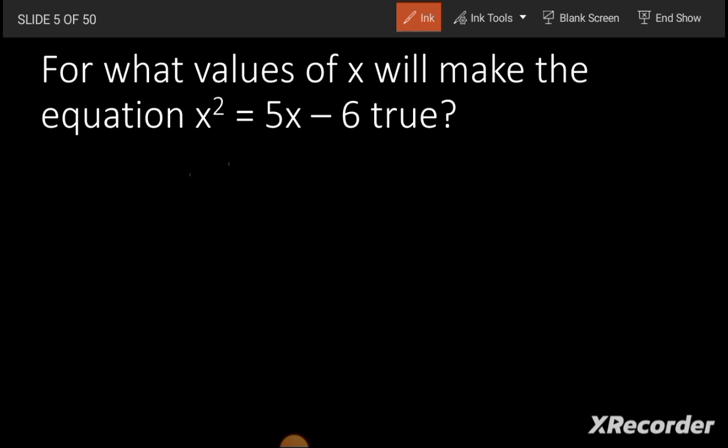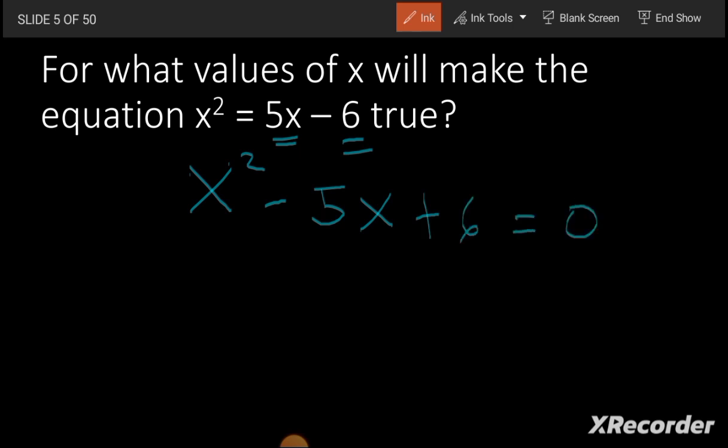So we have x squared. This linear term here, 5x, should be put on the left side now, so we transpose and it becomes negative 5x, and also negative 6 becomes positive 6 is equal to 0. Now let's think of the factors of x squared and the factors of 6.